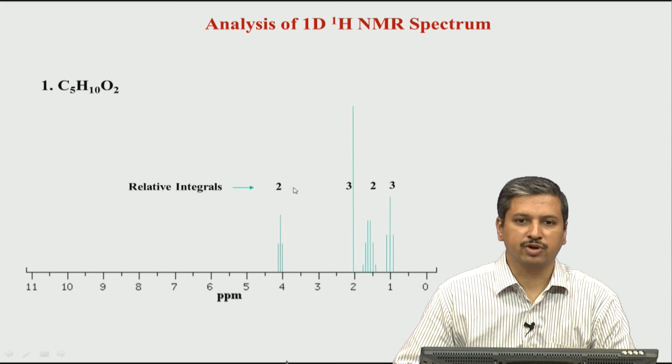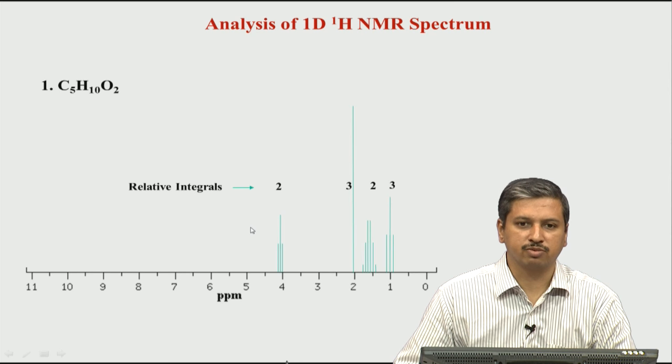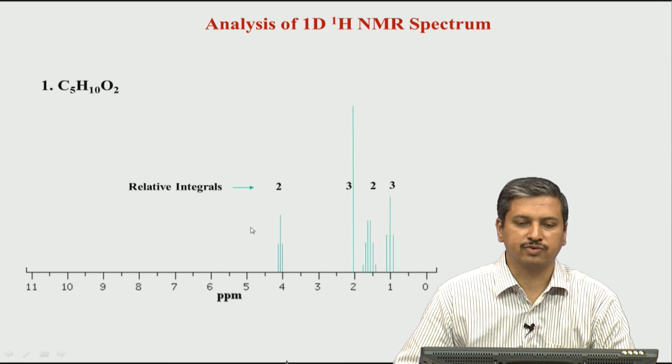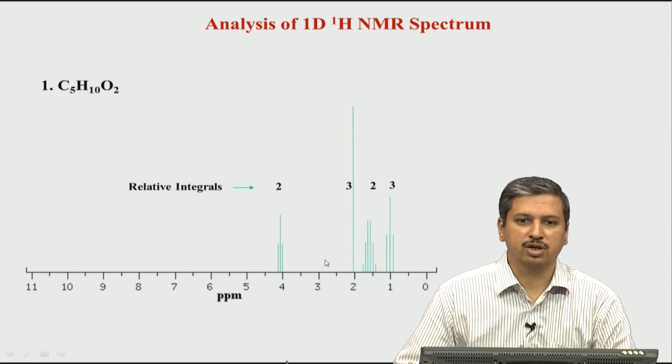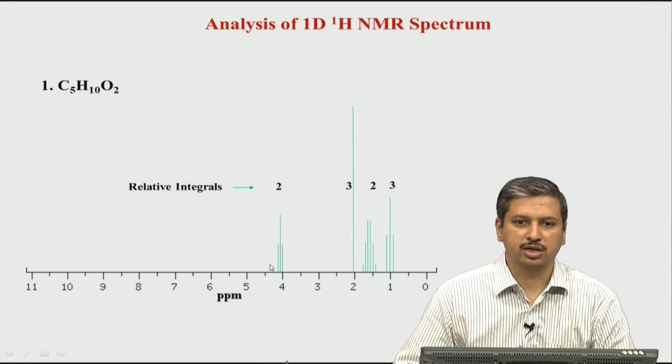Remember that methyl peaks always come in this particular region. Also, we saw the general ranges of chemical shifts in the last class: if you have oxygen attached to a carbon, and that carbon attached to hydrogen, the hydrogen will come downfield shifted because of the oxygen.